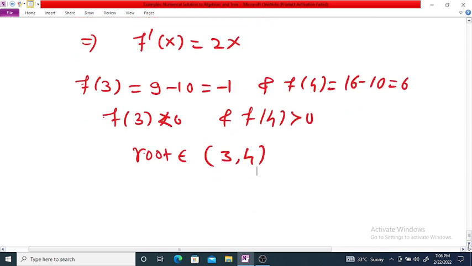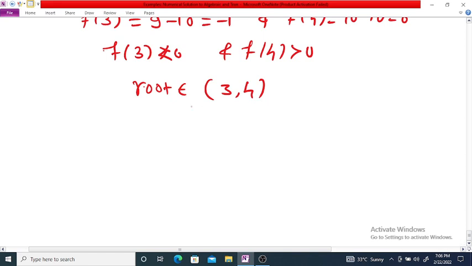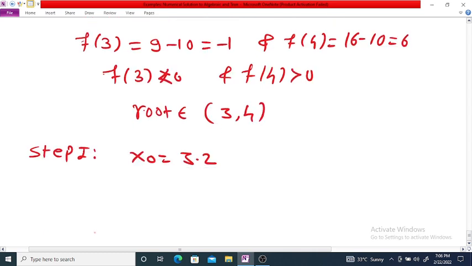Now we can select the initial root which lies between 3 and 4. So for step first, we select x0 is equal to 3.2. Then if we select x0 is equal to 3.2, what is x1 here?